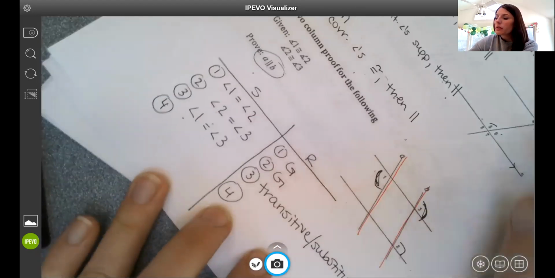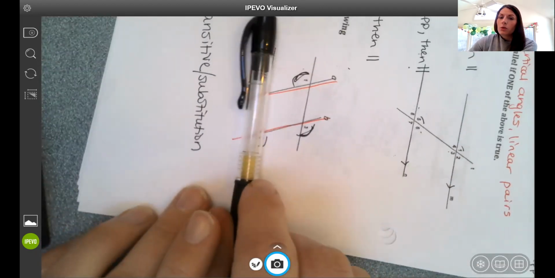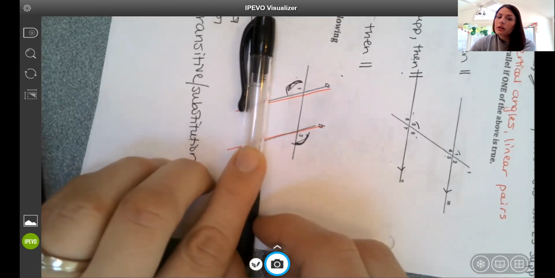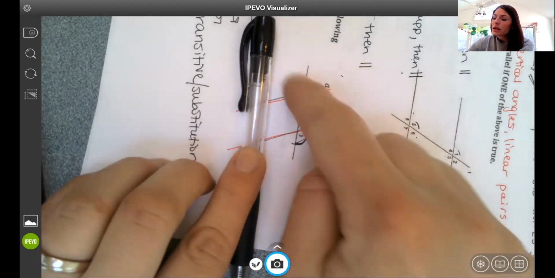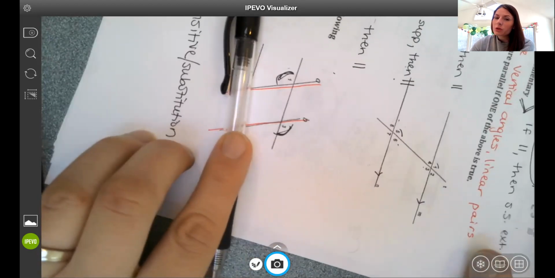Maybe you want to flip it this way. Yeah, they have corresponding, well, no, because they're on opposite sides. They're congruent. I like it. But what is this? Alternate exterior. Alternate exterior. So sometimes you gotta kind of flip your diagram around.